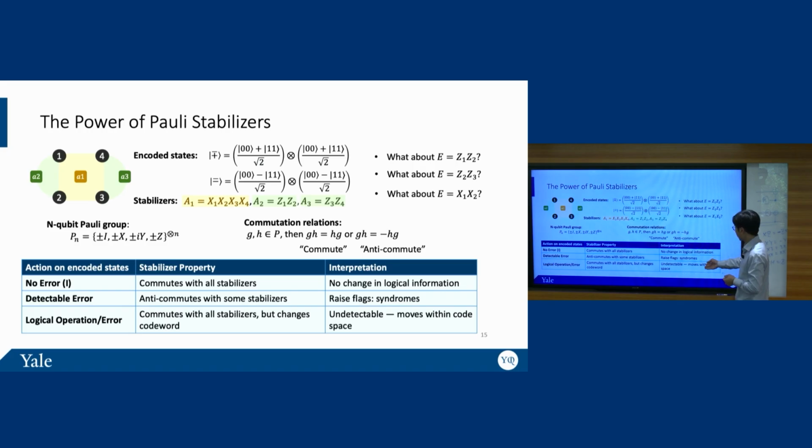These are, of course, undetectable because they commute with all the stabilizers, but it allows us to map between the different encoded states, changing logical information. So we can group the different types of Pauli operations depending on their commutation relations with our stabilizers.